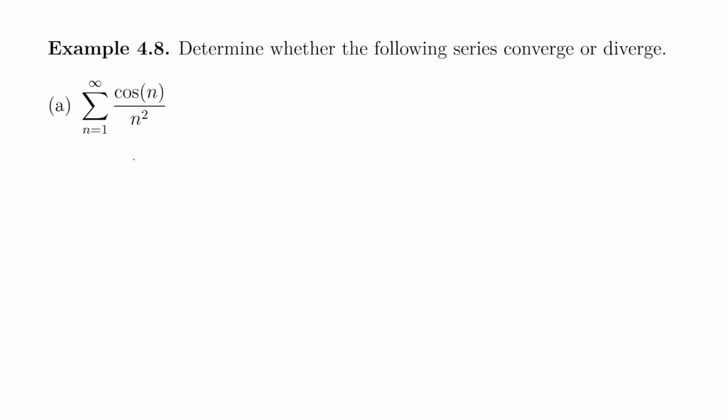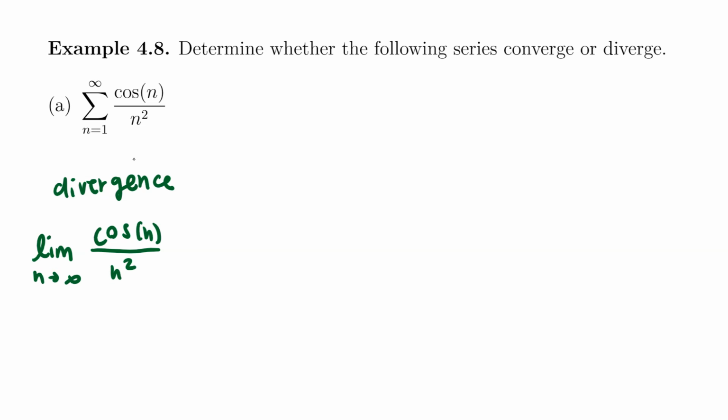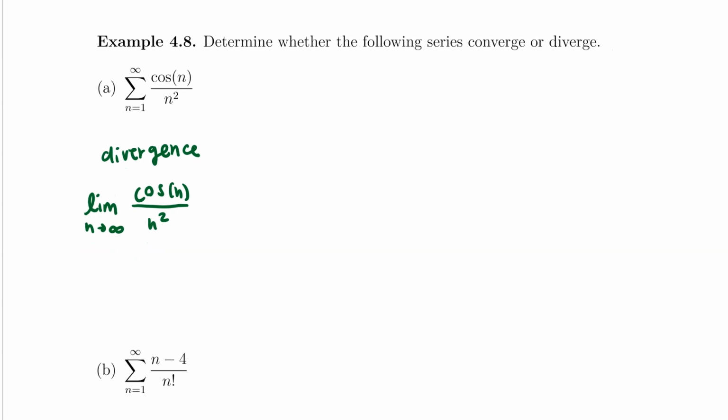If we try the divergence test first, then we are going to compute the limit of each of the terms here, cosine of n over n squared, when n goes to infinity. Now, cosine of n is between 1 and minus 1.